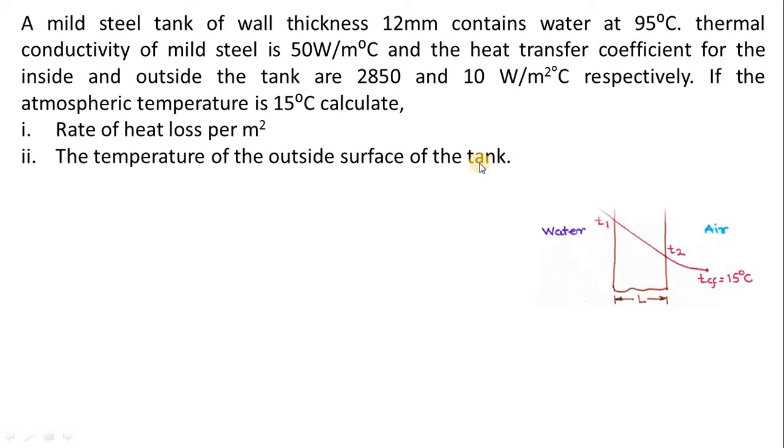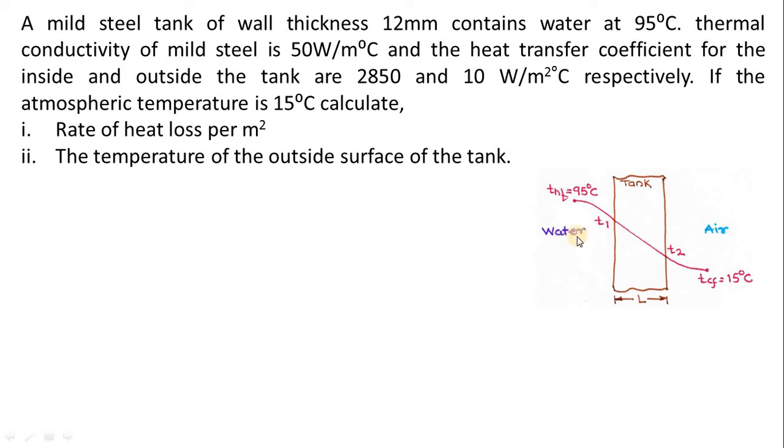Let's convert this example graphically. So I have taken only part of this tank. You may consider this one is the tank, right? So instead of the total tank, I have taken one cross section of that tank. Inside the tank there is water which is at 95 degrees Celsius, and outside there is air.